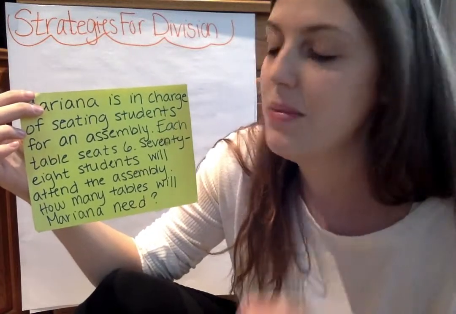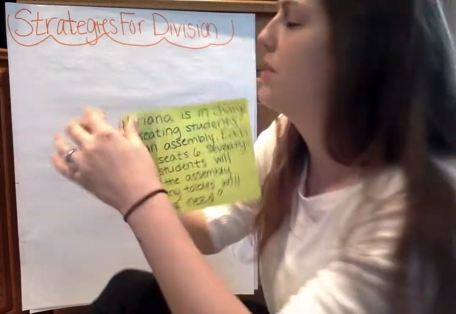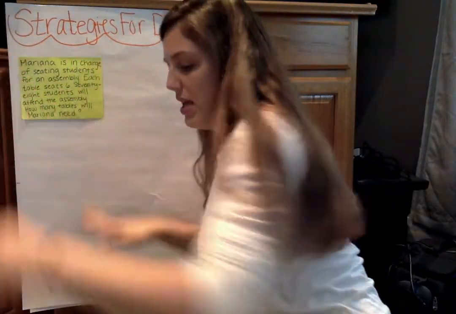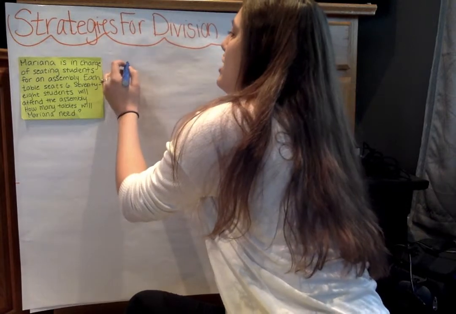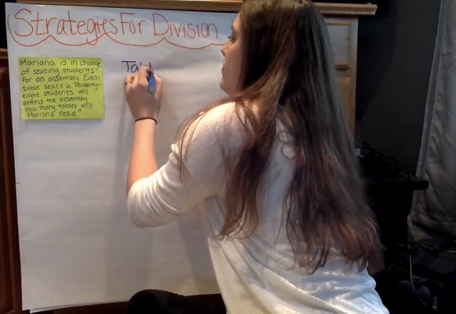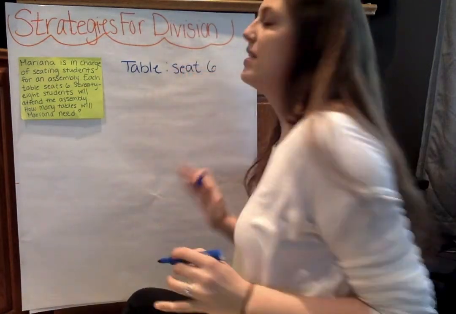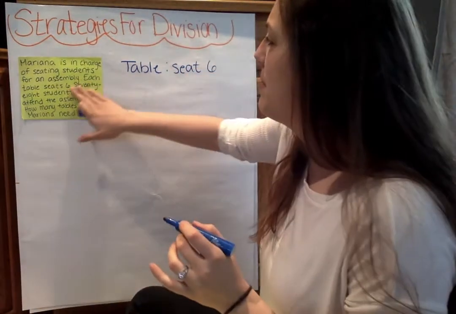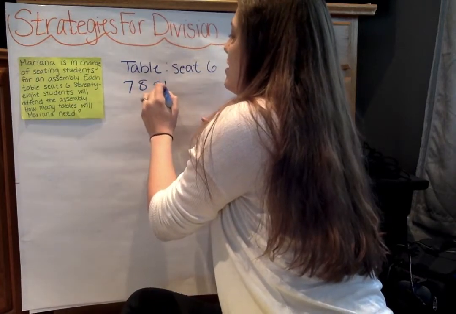Okay, I know that I'm helping Mariana figure out how many tables she needs for these kids. Let's think about this. Each table can seat 6 students. And if I look at my problem again, it says that there's 78 students in all.